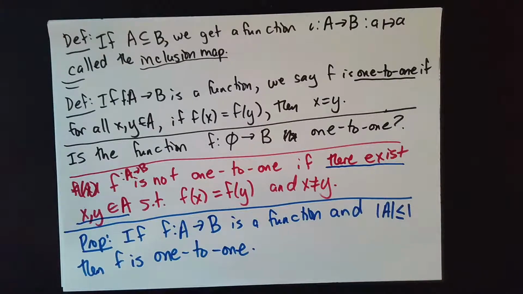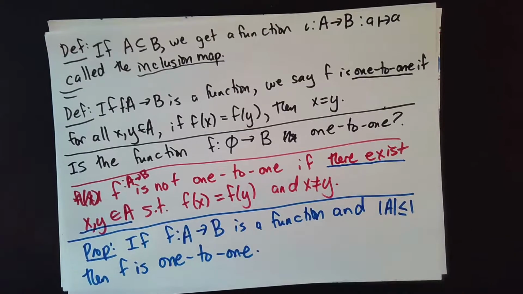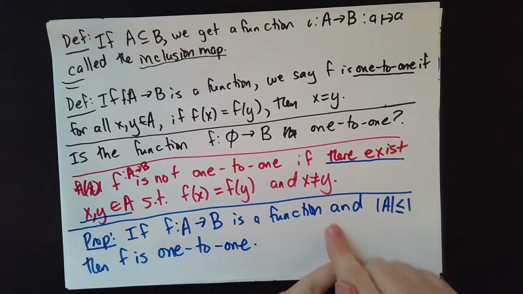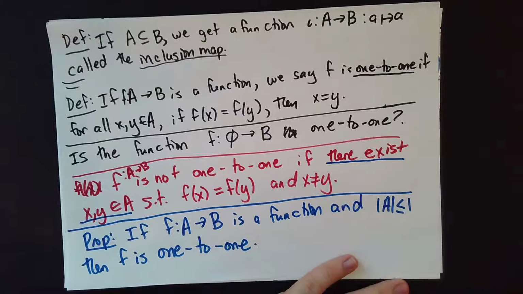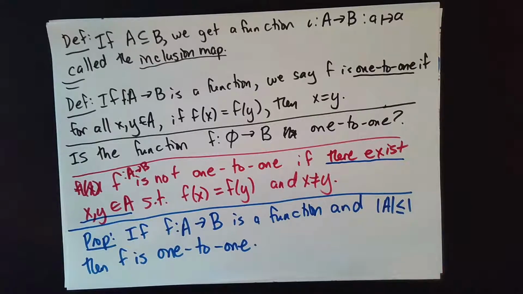So the question posed to me was, is it true that every function from the empty set is 1 to 1? And the answer is yes, but I can go one step further and say, also, if the size of the domain is 1, also the function is definitely 1 to 1. And you can see that this proposition has to be true, again, just by looking at what it means to not be 1 to 1.